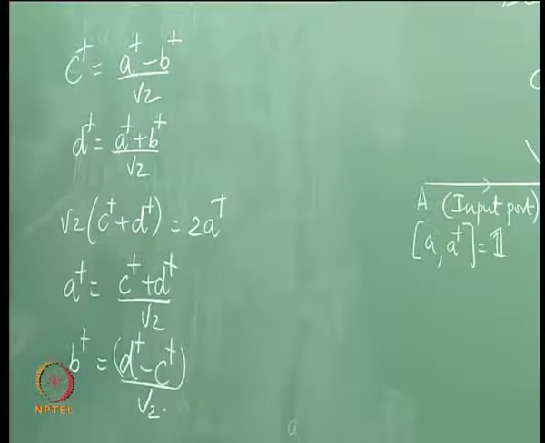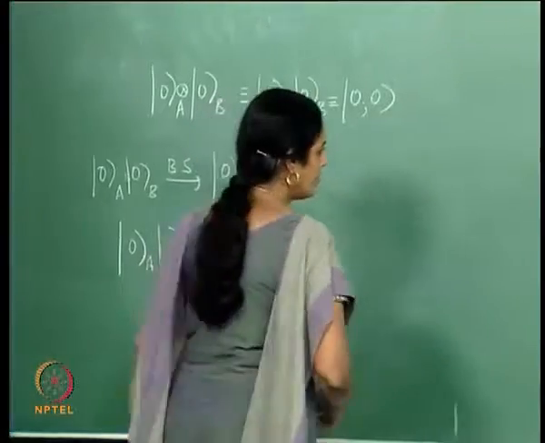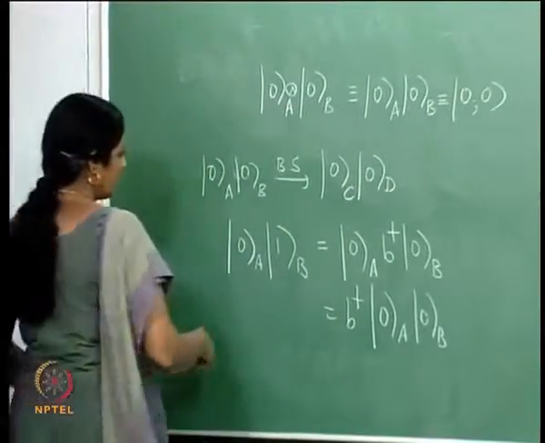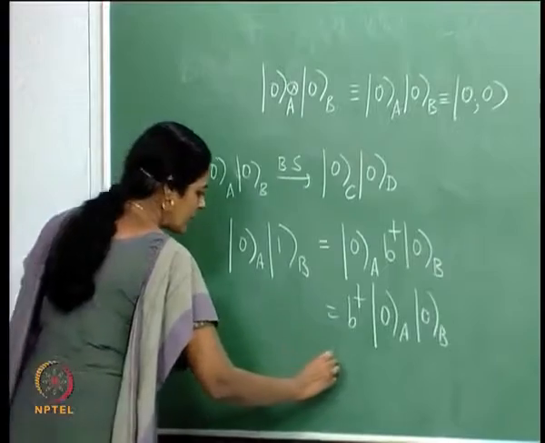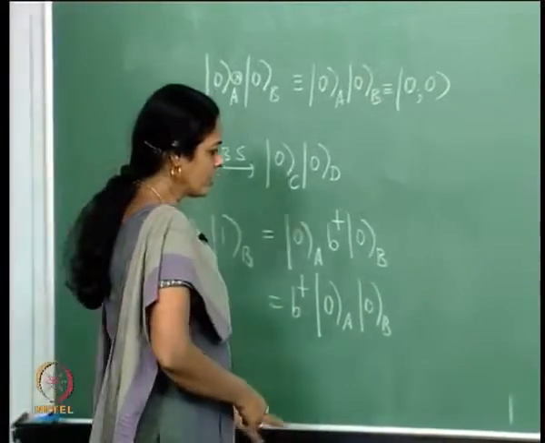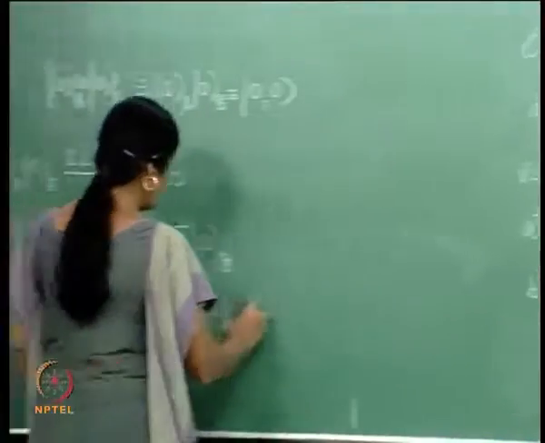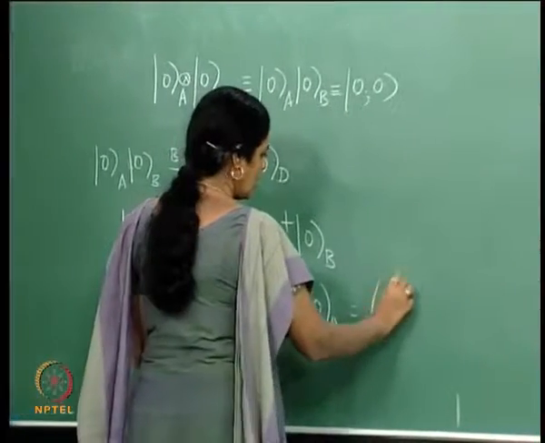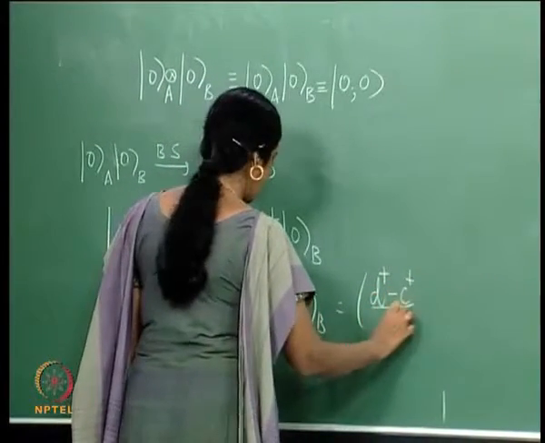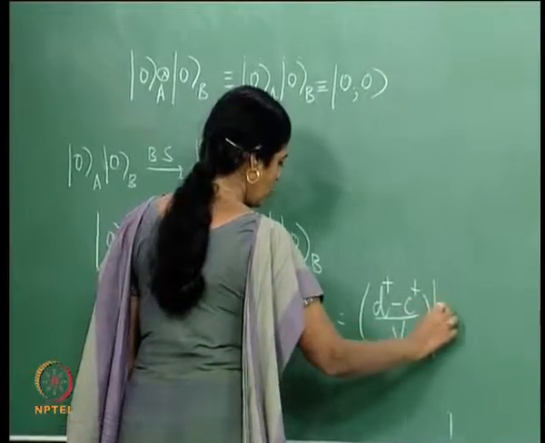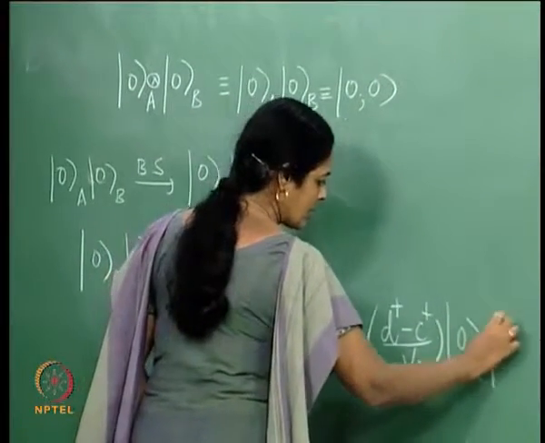So I can substitute for B dagger and get my answer here, and therefore I have this object to be given by D dagger minus C dagger by root 2 0C 0D.